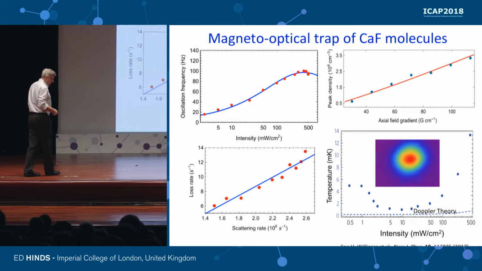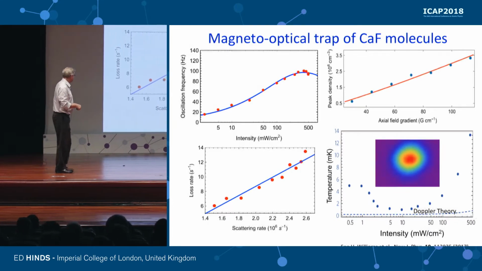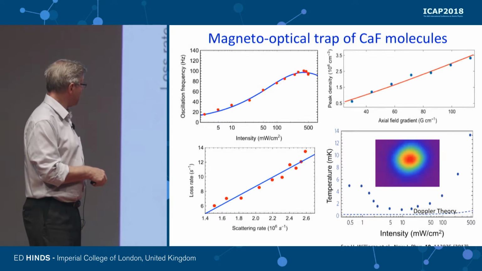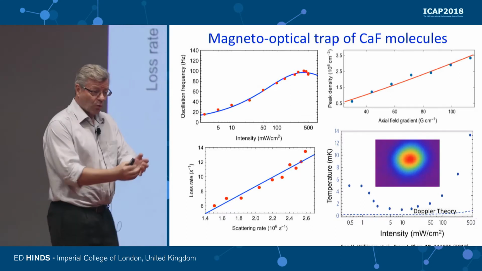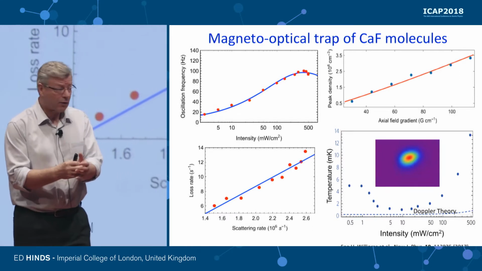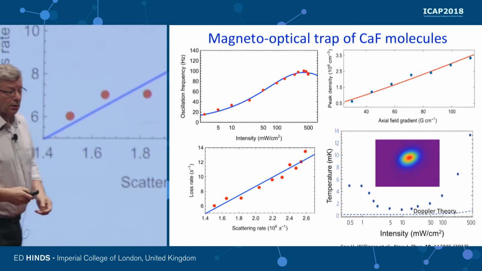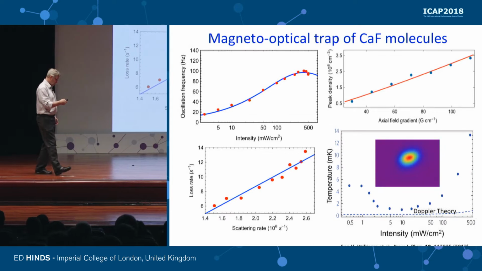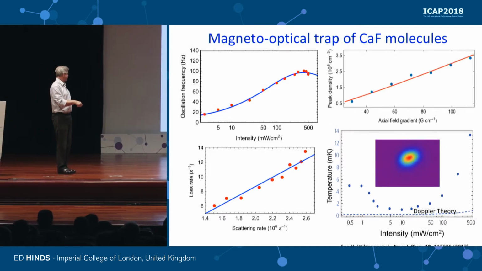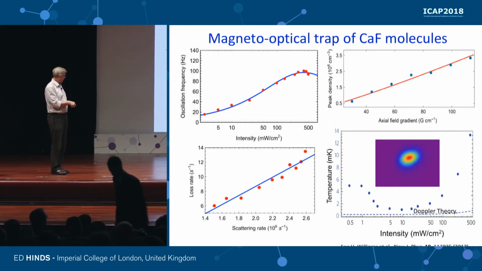Now, finally, the most important question is about the temperature. So in the usual way, we measure the temperature by watching a freely falling cloud expand, and we see how quickly the expansion occurs. This shows us that for low-intensity MOTs, the temperature goes down when you turn up the intensity.